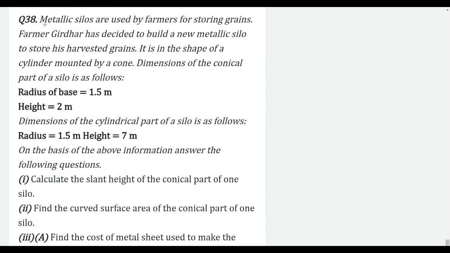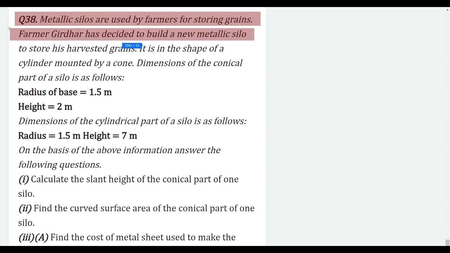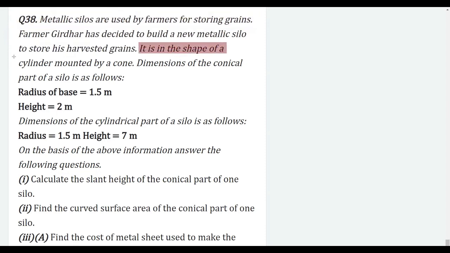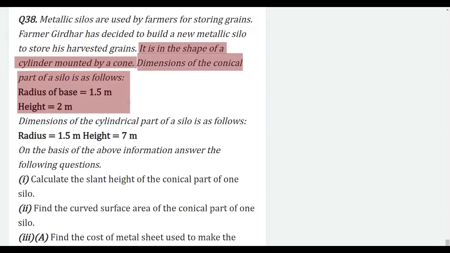Well, the last question from this sample paper says metallic silos are used by farmers for storing grain. Farmer Girdhar has decided to build a new metallic silo to store harvested grains, and it is in the shape of a cylinder mounted by a cone, and the dimensions of the silo are given here. So let's first draw the figure.